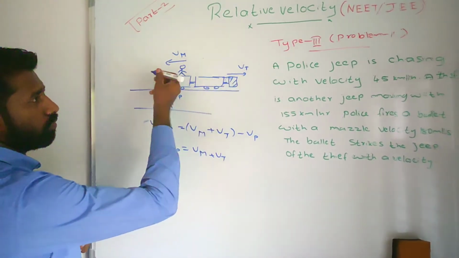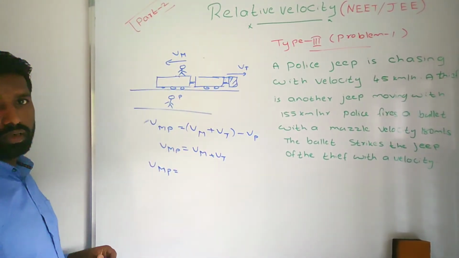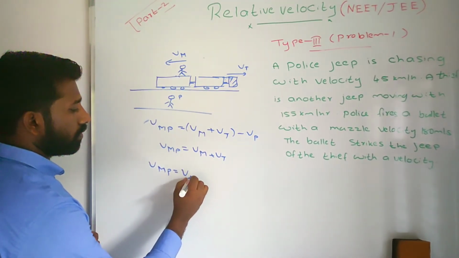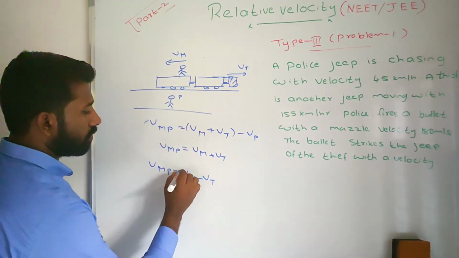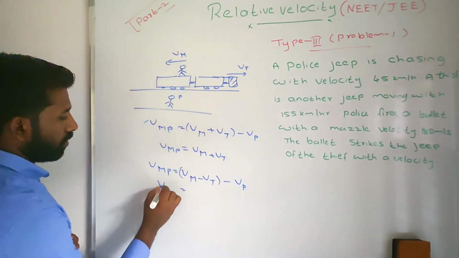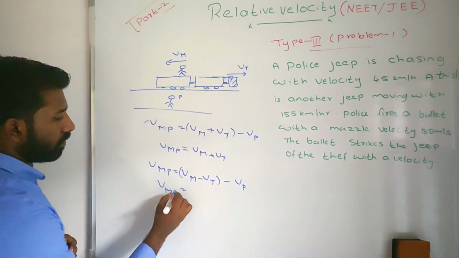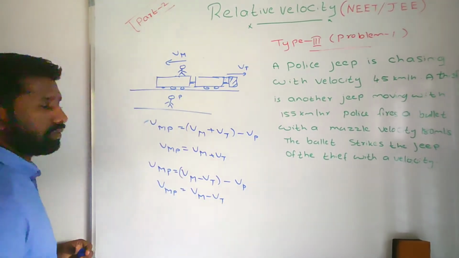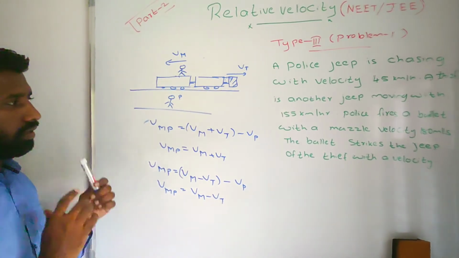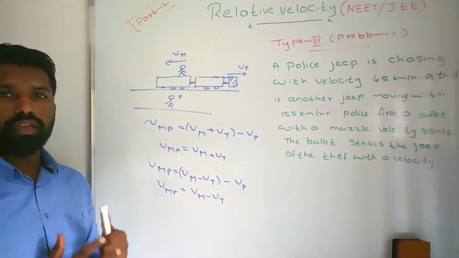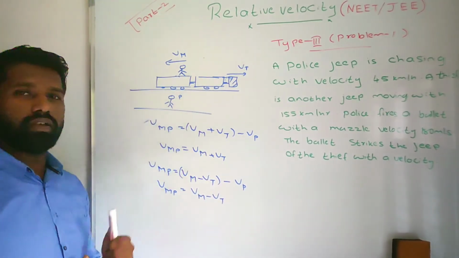Now the monkey is moving in a moving plane in the opposite direction. So the velocity of the monkey minus velocity of the train, minus Vp. So now the relative velocity of the monkey with respect to the person is velocity of the monkey minus velocity of the train. This is the way we can find out the relative velocity in a moving plane.